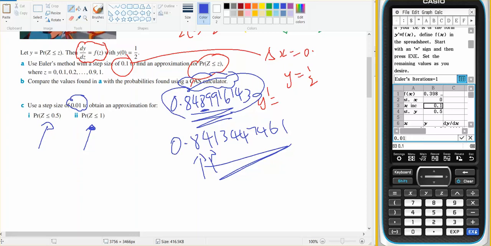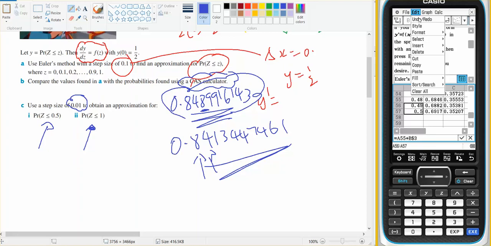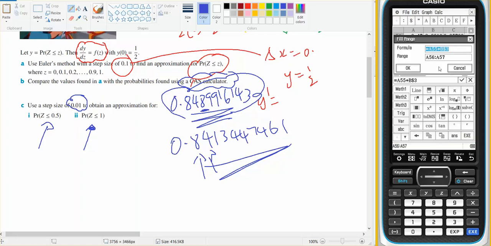to calculate 100 calculations. So I've gone 0.01 and I'm starting with everything else the same, and if I go down that will only take me to 2.5. So I touch two cells, I go up to Edit, file, edit, I'm looking for Fill Range.